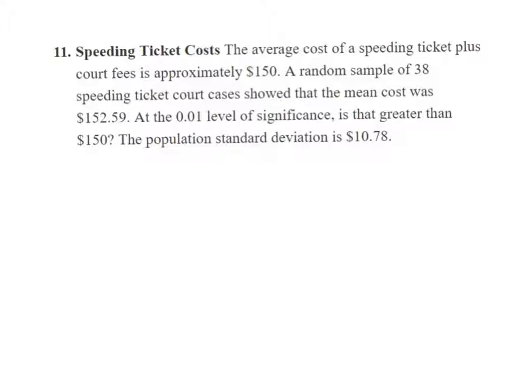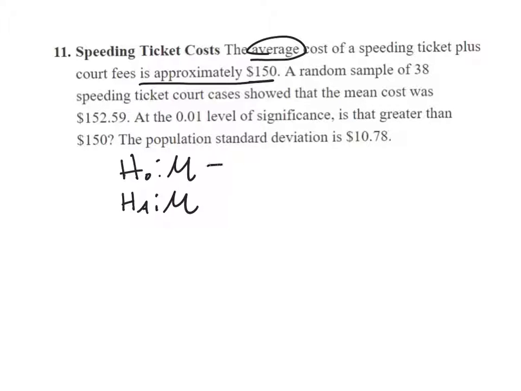So let's decode this. First of all, we're talking about averages, so we know that our symbol here is going to be mu, the mean. We're assuming the average court fee is equal to $150.